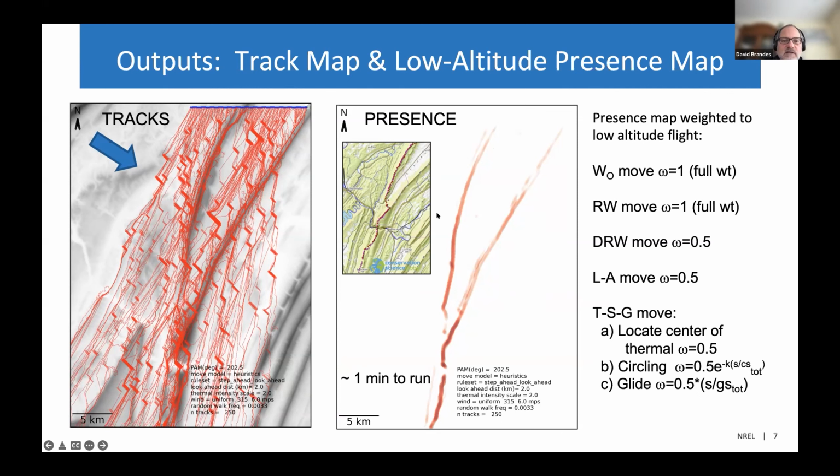Now, the one thing I've done differently with presence is we've assigned some weighting factors to these different moves. So if the bird is using orographic lift, we give it a weighting of 1. A random walk, which would generally be at lower altitude, we give a weighting of 1. So other moves are half. And then the thermaling move, where a bird first locates the center of a thermal, we give that a half.